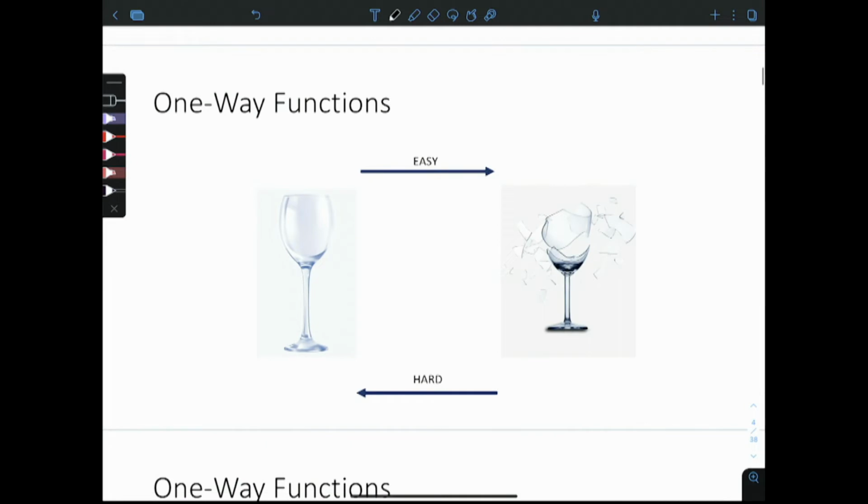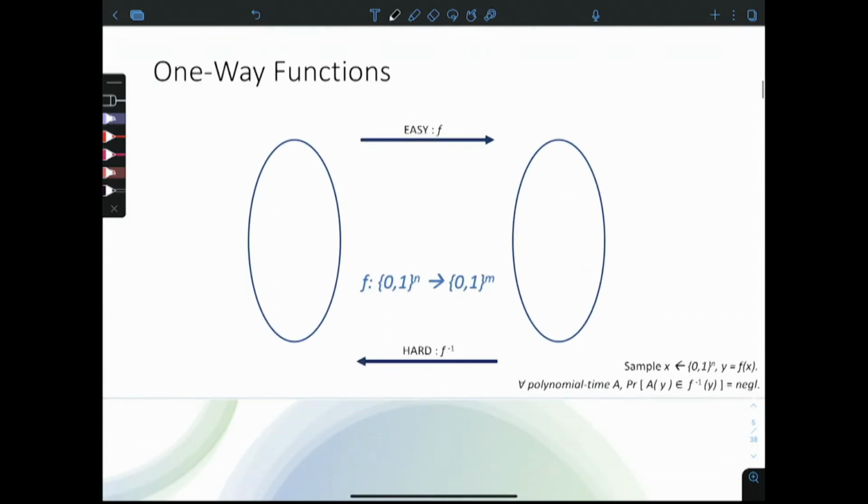One other cryptographic primitive that's going to be pretty useful is what is called a one-way function. This is a function that is easy to compute in one direction, like breaking a glass, but hard to compute in the other. What do I mean by hard to compute in the other?